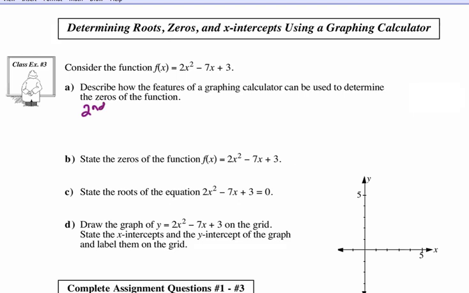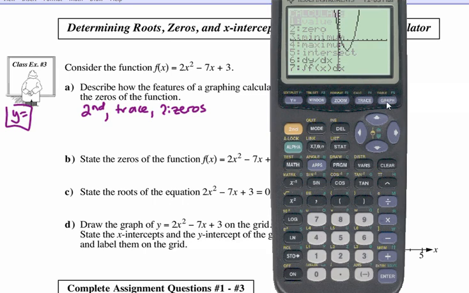So we plugged in y equals into our calculator, then second trace number 2 was zeros. So let's find it on our calculator. Let's find the first one. Go to your graph. Second trace, number 2 is zero.